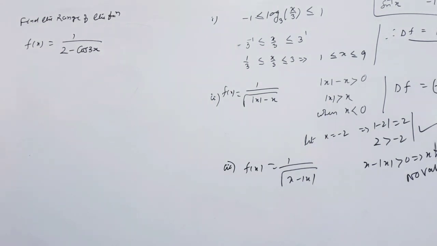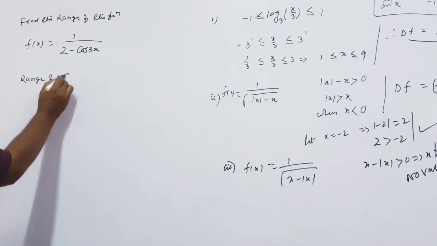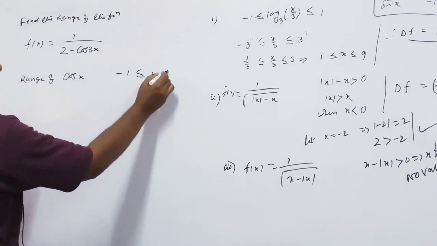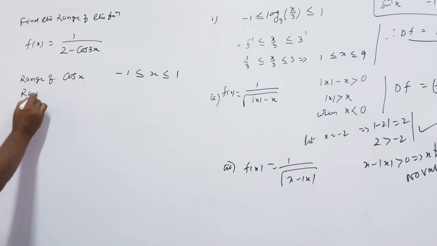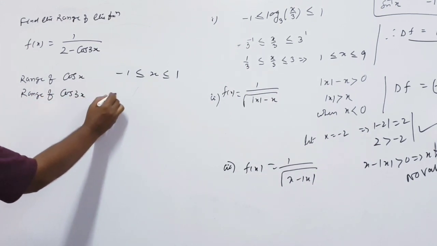For cos x, minus 1 is less than or equal to cos x, which is less than or equal to 1, because the maximum value is 1 and the minimum value is minus 1. Similarly, what is the range of cos 3x? The same interval.